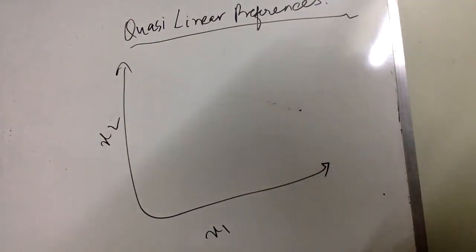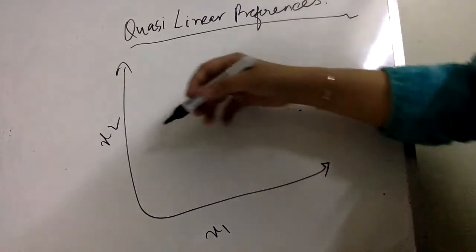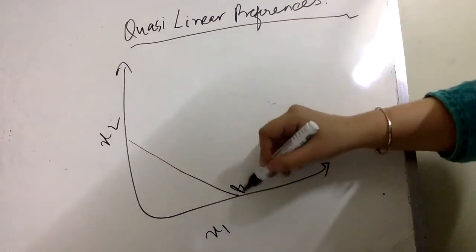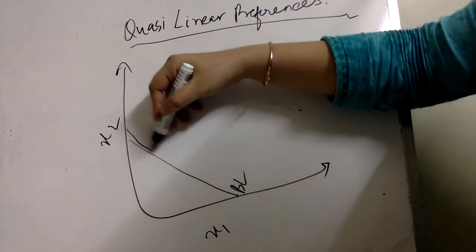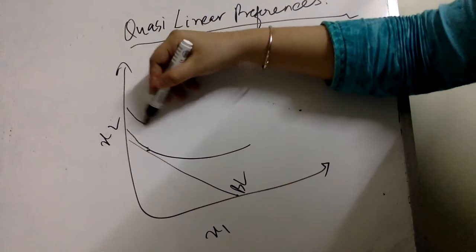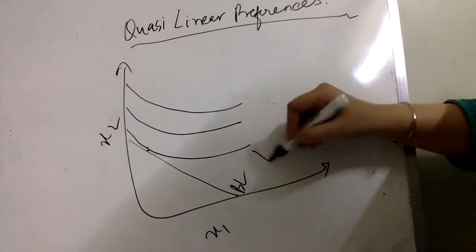Having plotted the graph for quasi-linear, if this is my original budget line, and I have various quasi-linear preference maps, so these are my different ICs.